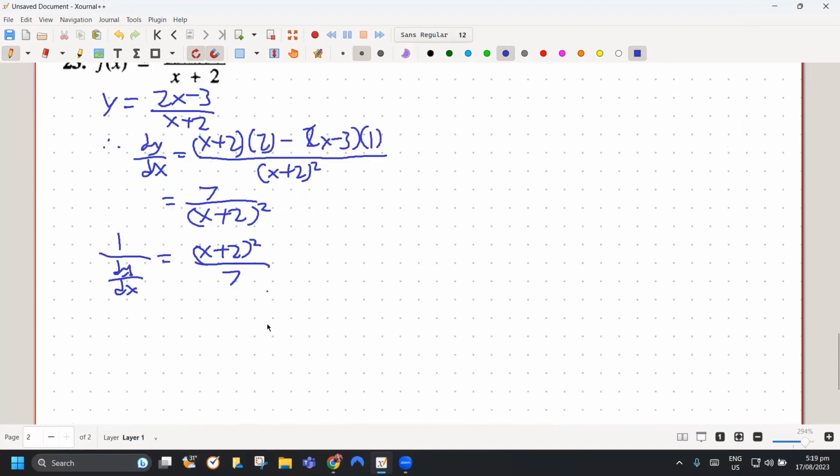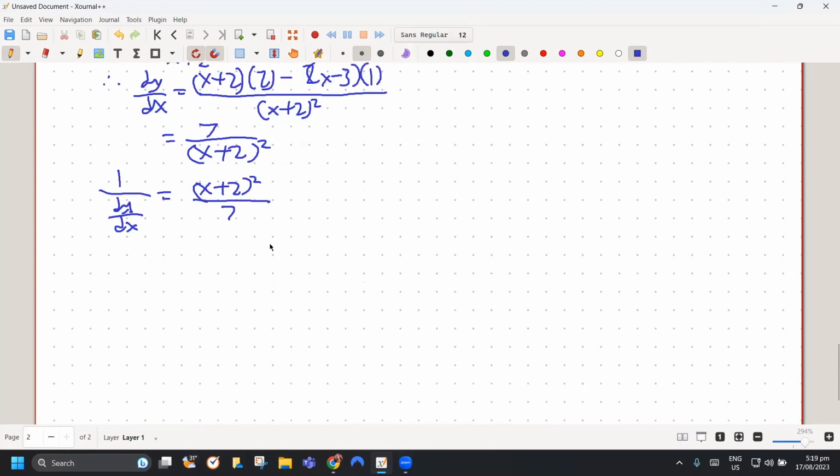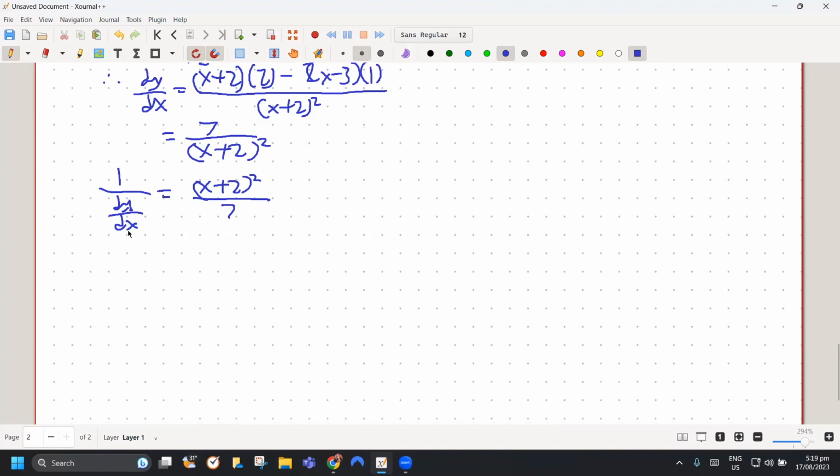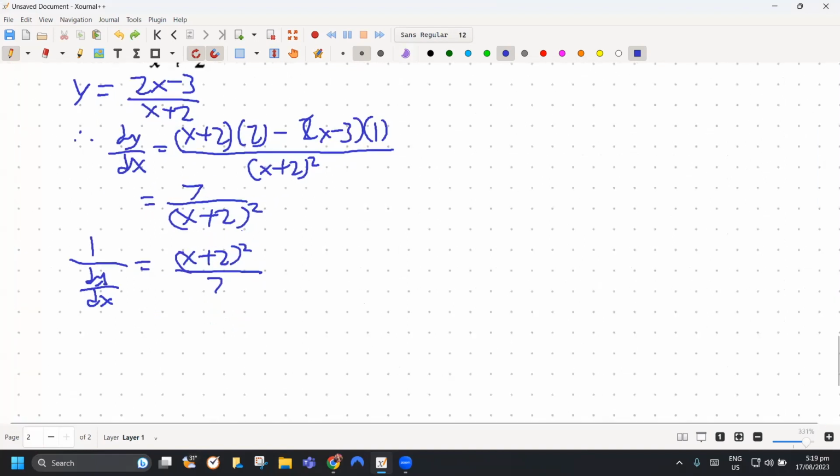Wait, how do we calculate 1 over dy dx? Don't you have to solve... sorry. Okay, go on. Okay, that's fine. So, the other half of the proof. Remember, what we are doing here is solving for x in terms of y.